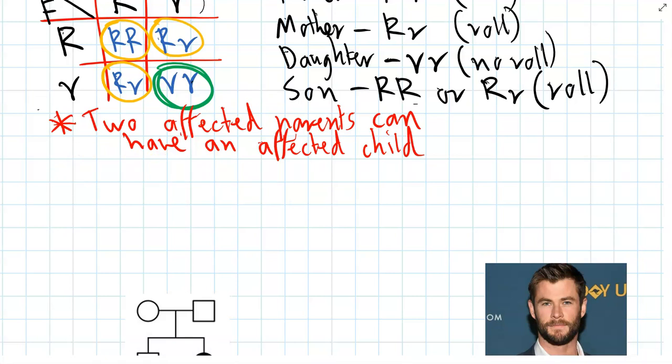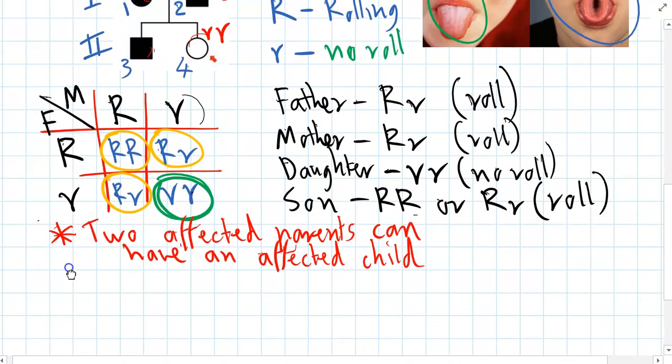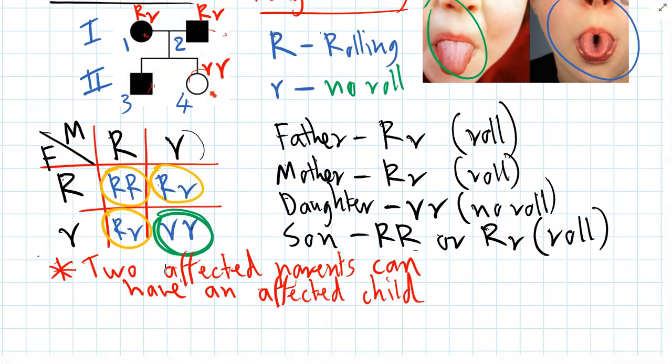And we can prove that because if this trait was recessive, that would mean that the father and the mother both have the trait. So they would have to be small r for both of them.